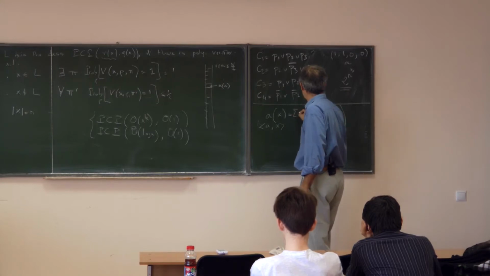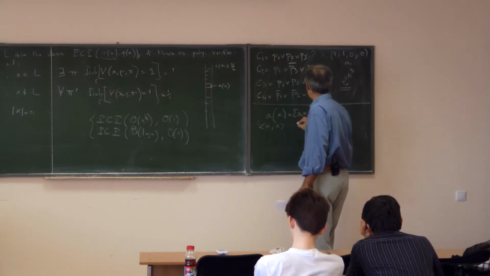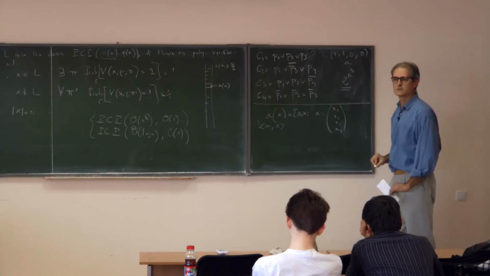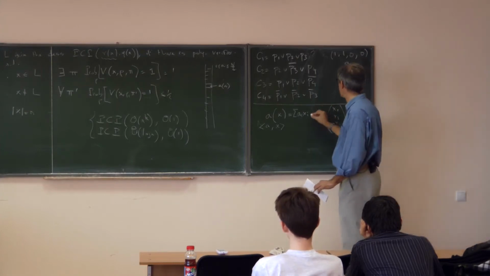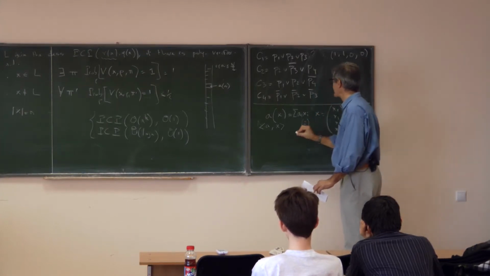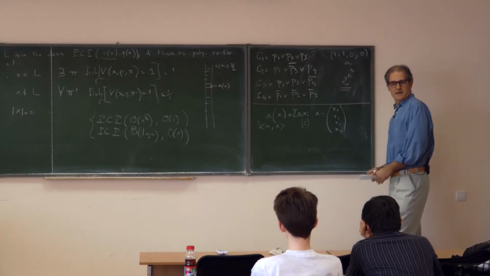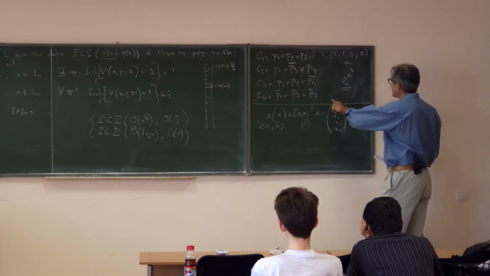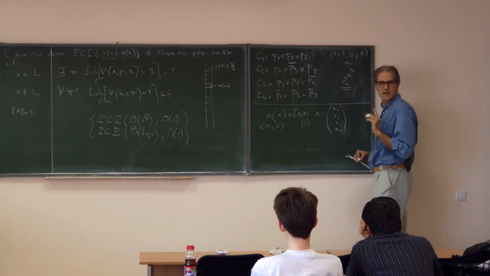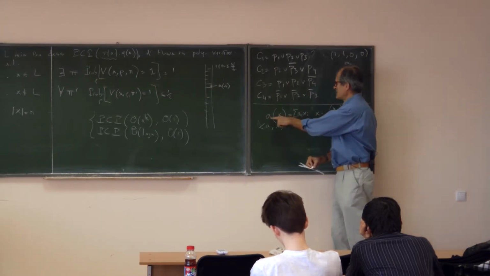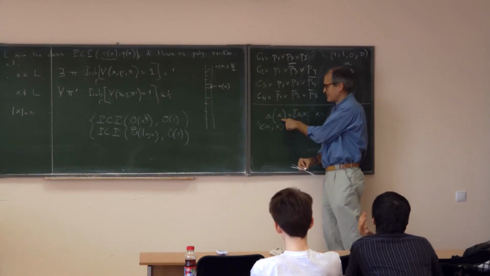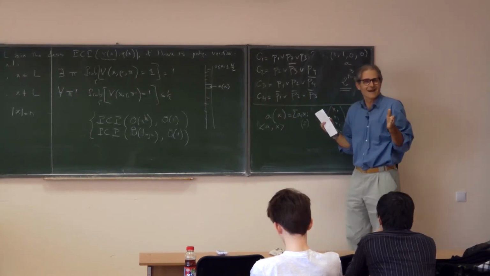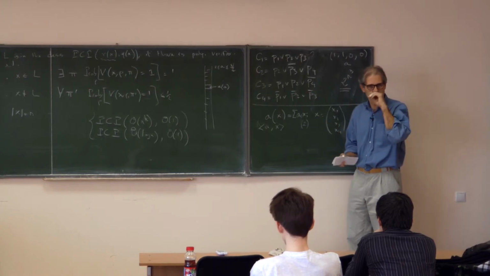So it's a sum of the ai xi, modulo 2. So everything is modulo 2. Everybody see this? So you can always, given a vector, associate a linear function, which is the sum of the ai xi, modulo 2.